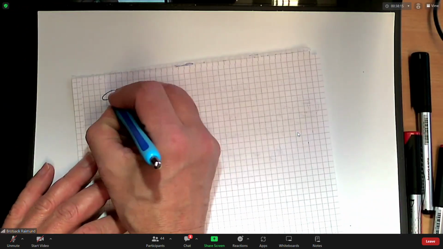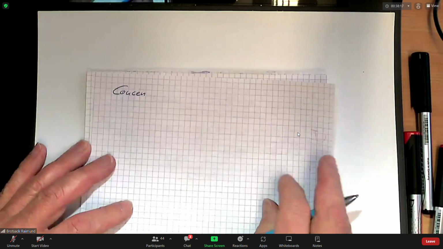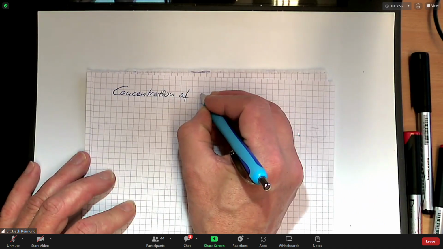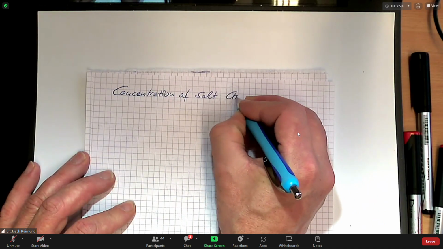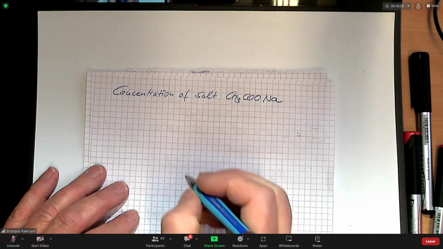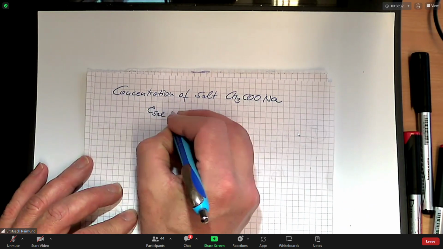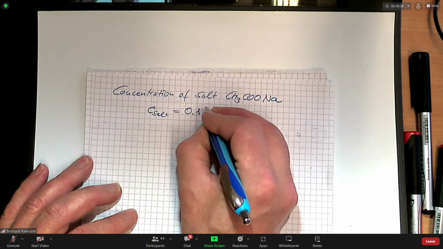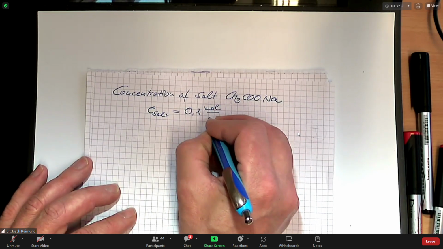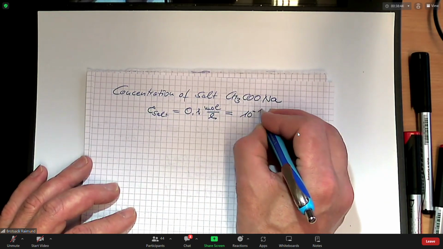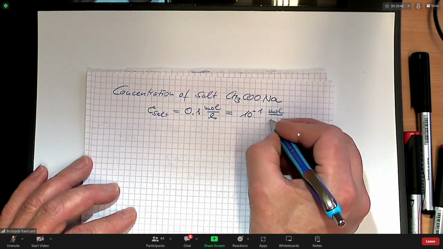We say the initial concentration of the salt, CH3COONa, sodium acetate, is 0.1 mole per liter, which is similar to 10 to the power of minus 1 mole over liter.